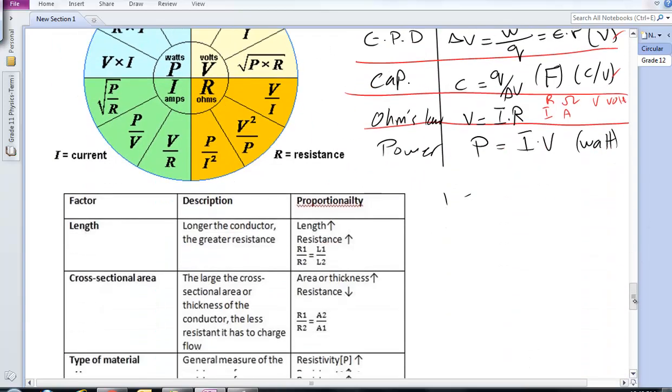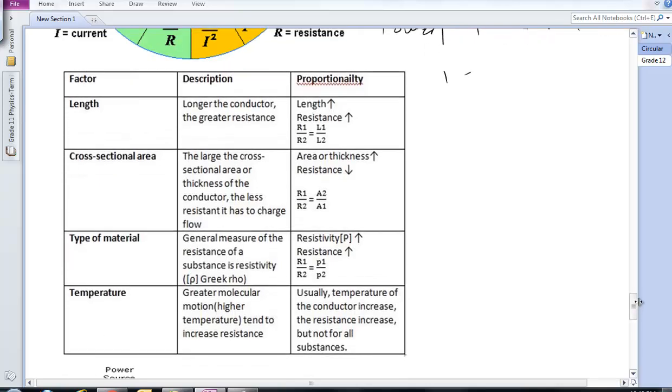The factors of the resistance are four important factors. First of all, the length of the conductor. If the conductor is long, it has a specific resistance, and if it's short, it has another specific resistance.